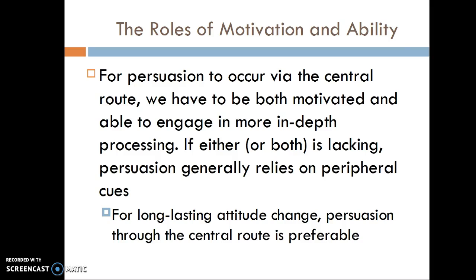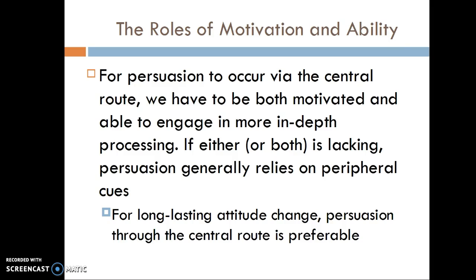So we have to be both motivated and able to engage in the more in-depth processing that's demanded through the central route. If either one is lacking or both, then persuasion is usually going to be processed through the peripheral route.